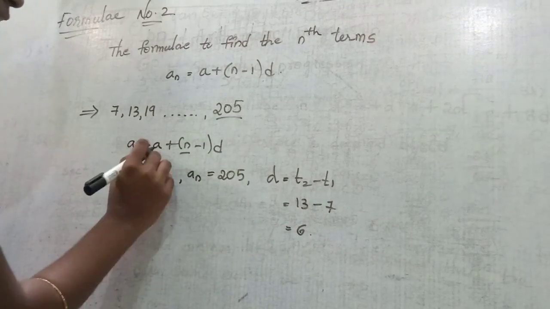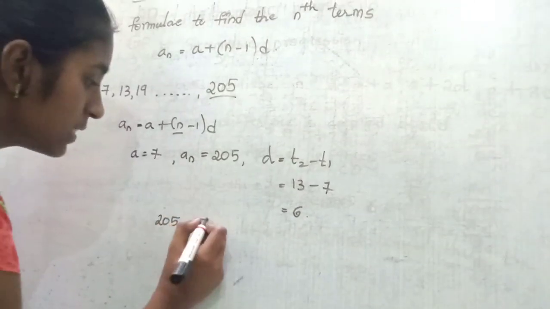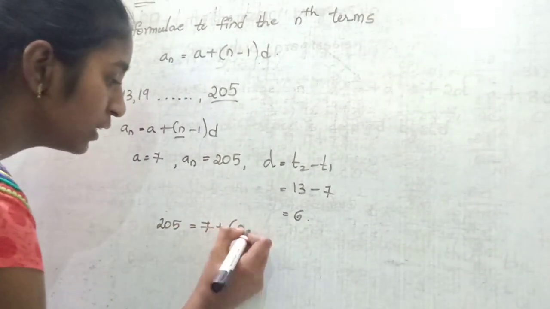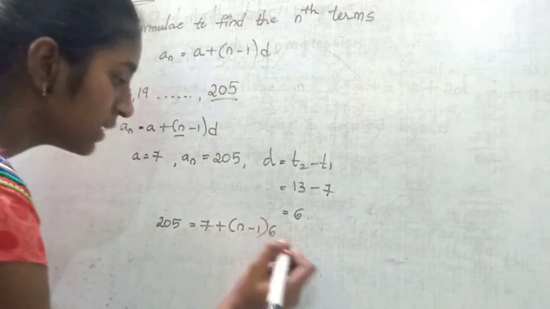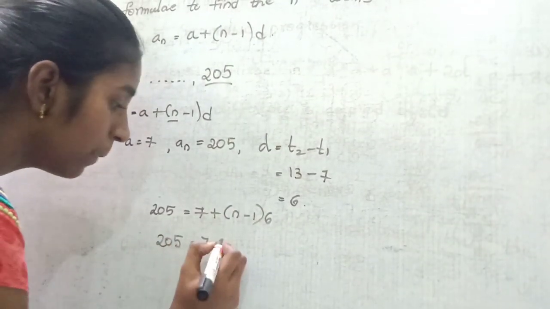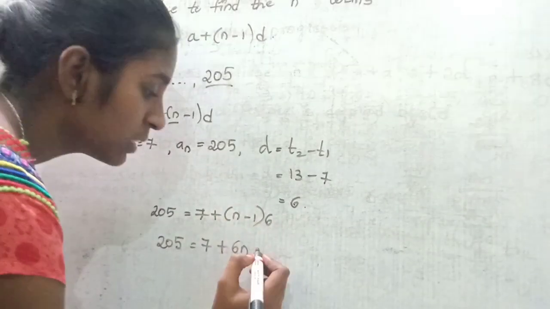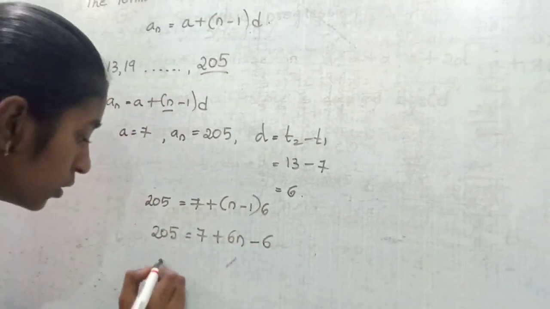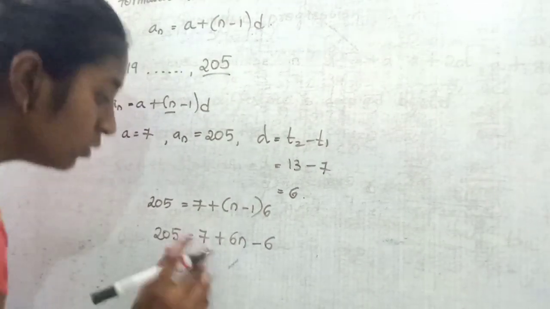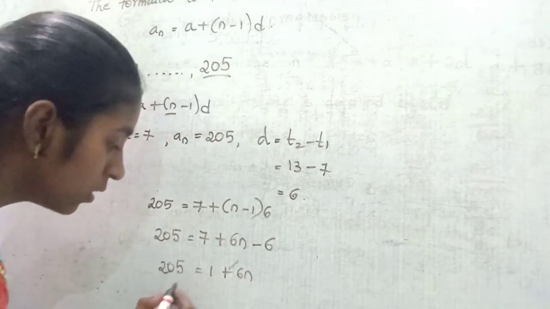Apply these numbers in the formula. 205 is equal to 7 plus n minus 1 into D, means 6. 205 is equal to 7 plus 6 into n, 6n, minus 1 into 6, minus 6. 205 is equal to 7 minus 6, 1 plus 6n.